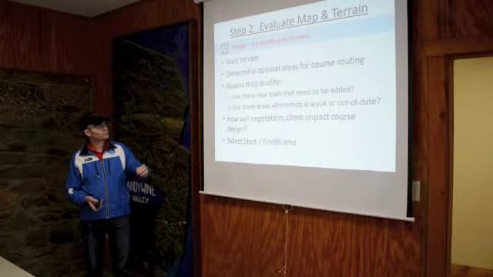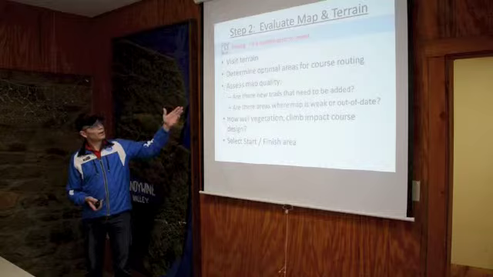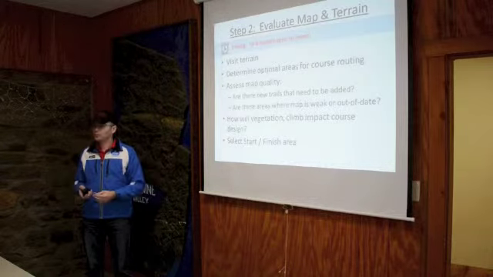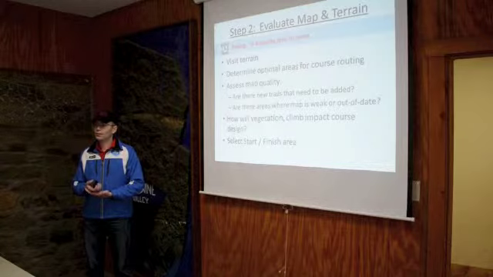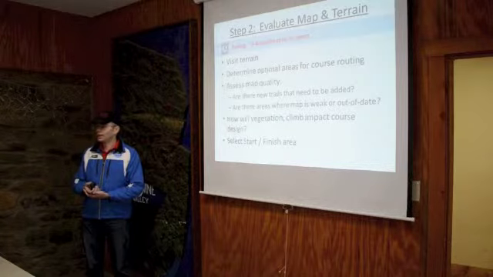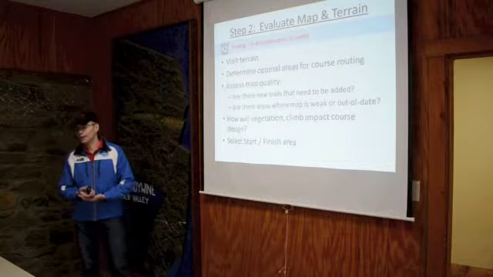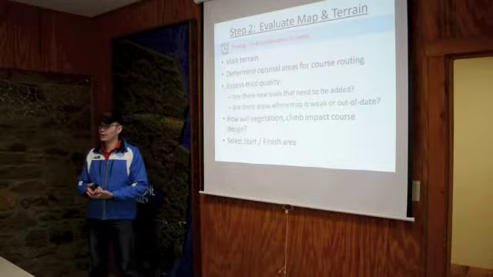So get out there and assess the map quality. Now, there can be a big range. The great thing about DVOA is that we have a lot of high quality maps, but we also have a lot of maps, and we can't keep all the maps at the same standard all the time.